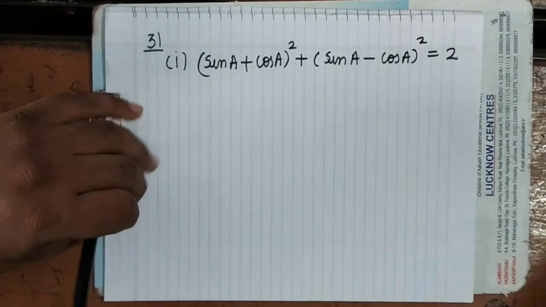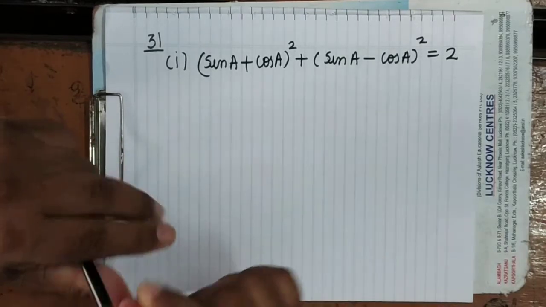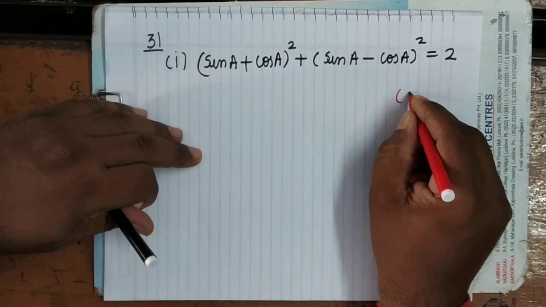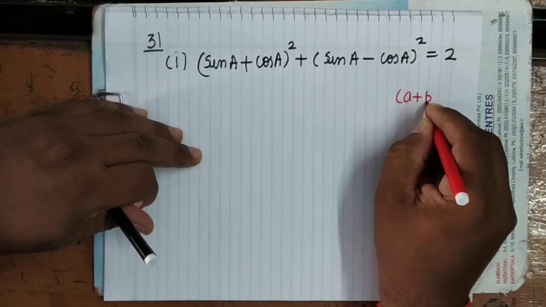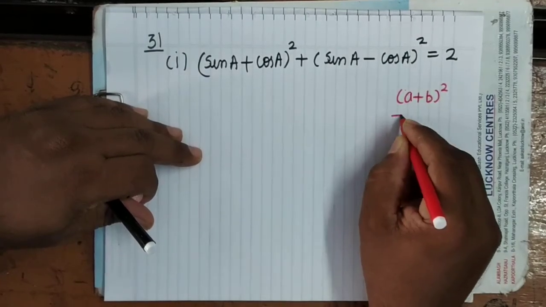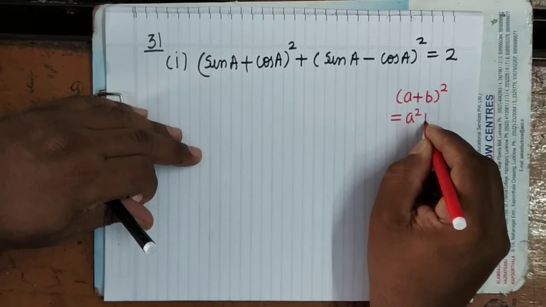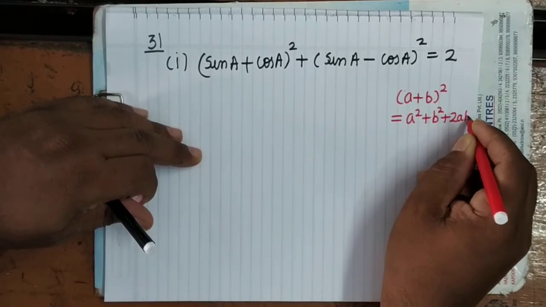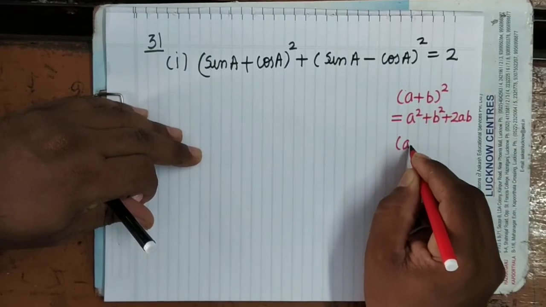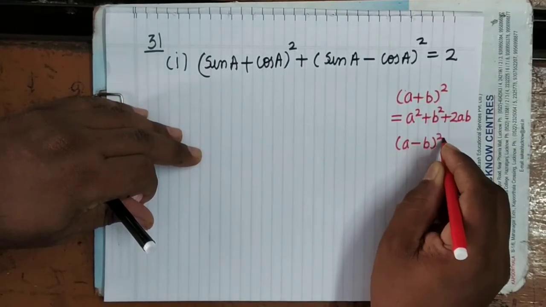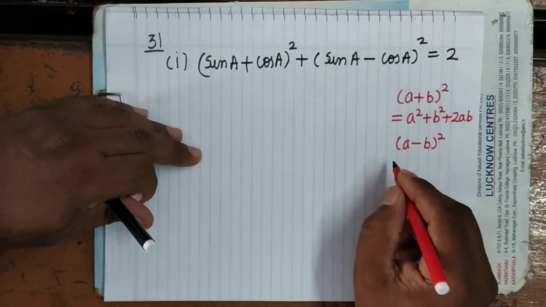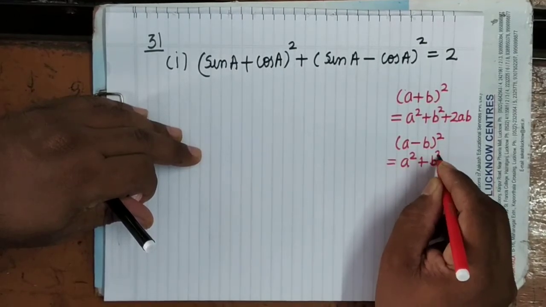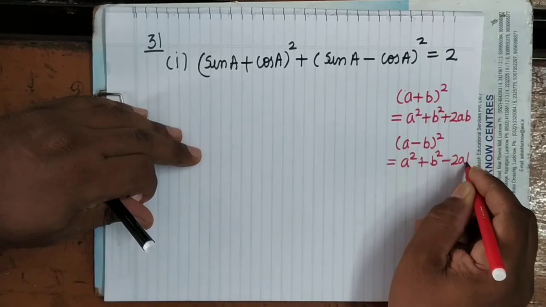If you see (sin A plus cos A) whole square, this can be opened by the formula (A plus B) whole square, which is A square plus B square plus 2AB. Similarly, (A minus B) whole square is A square plus B square minus 2AB.